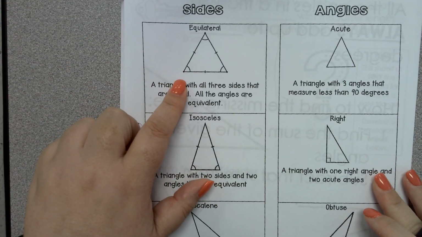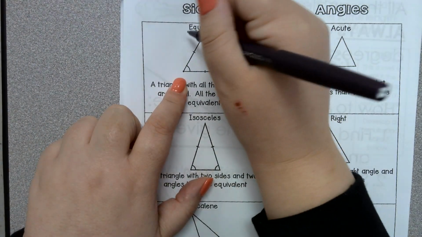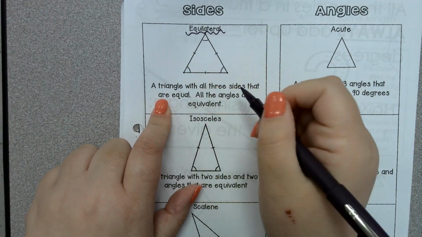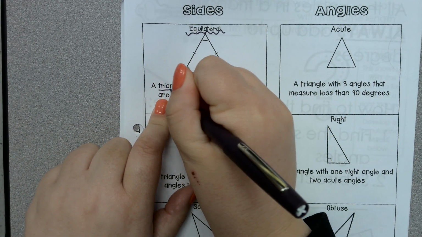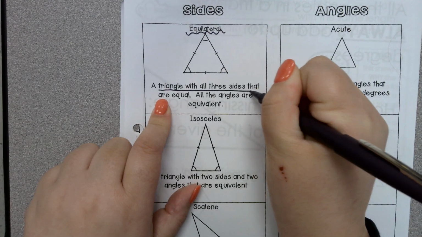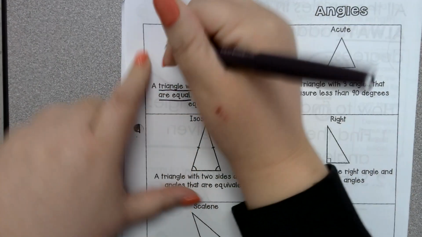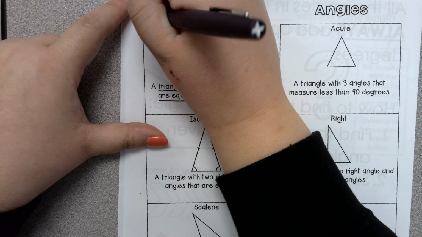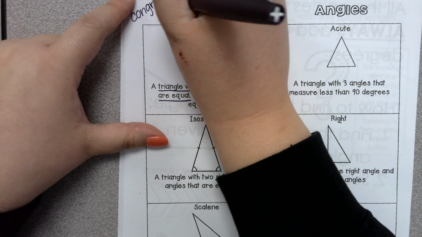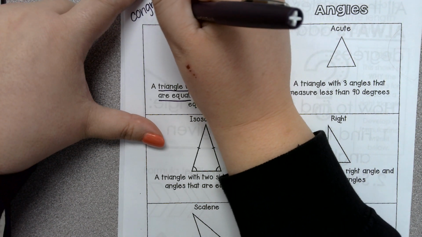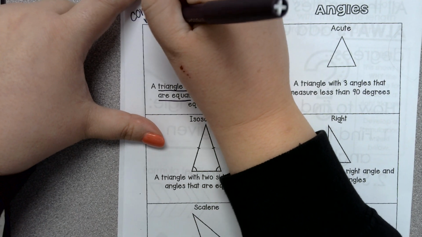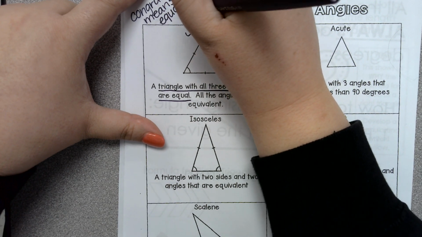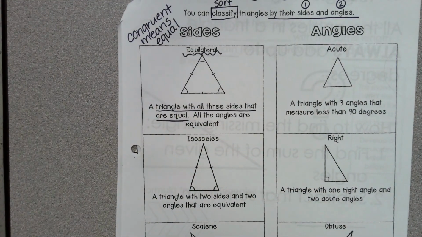Okay? So the first one is called an equilateral triangle. And an equilateral triangle is a triangle with all three sides that are equal. And I'm going to put another word up here for equal. I'm going to use the word congruent, because you'll hear both those words. Congruent means equal.